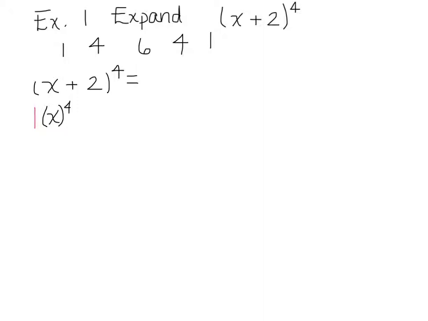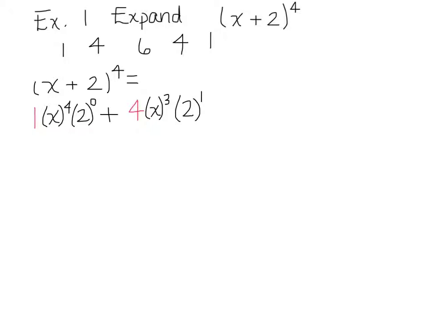And the 2 will be raised to the 0 power, plus, then you'll take your next coefficient, which is 4. Now my x is going to be to the 3rd power, and the 2 would be to the 1st power.